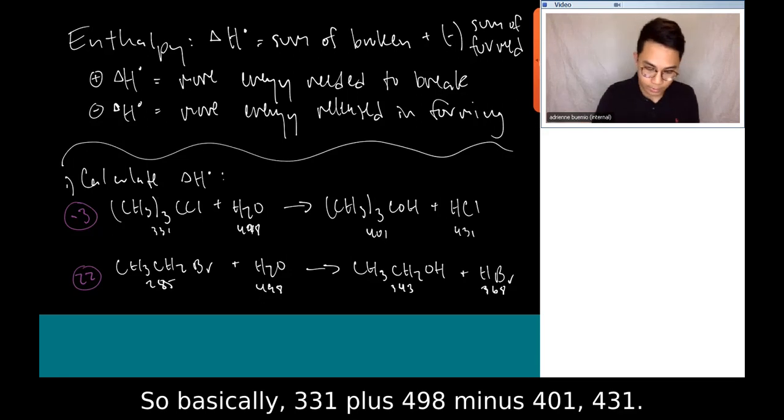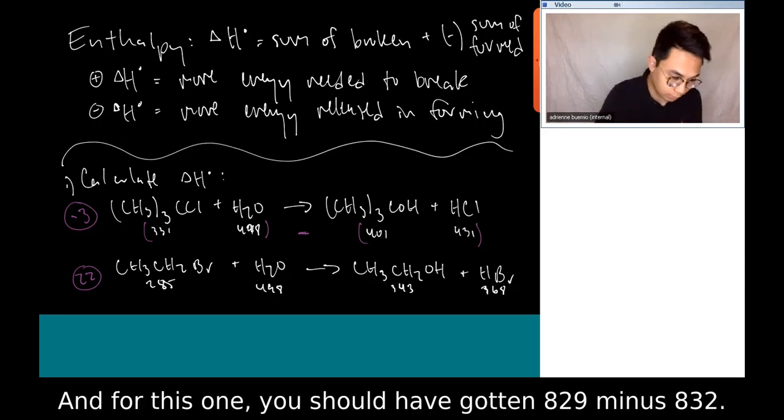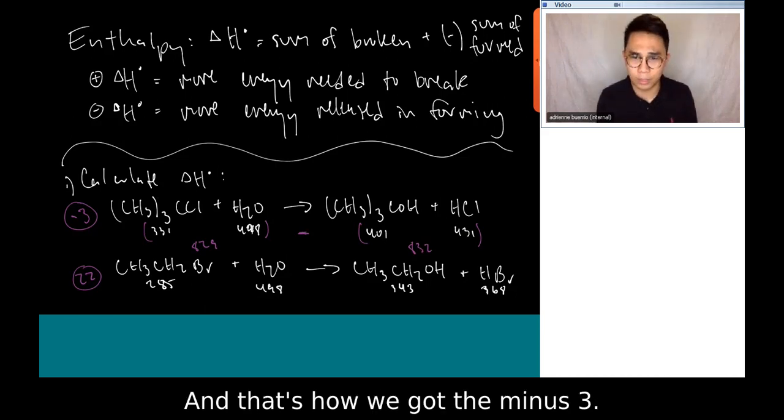So 331 plus 498 minus 401, 431. For this one, you should have gone 829 minus 832. And that's how we got the -3.